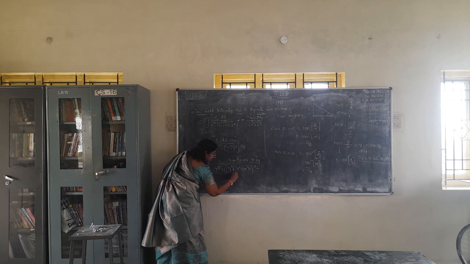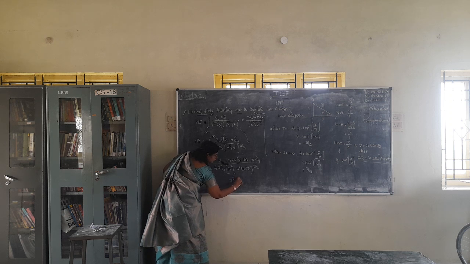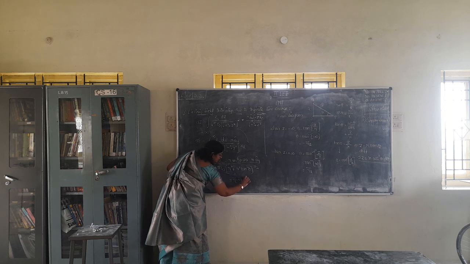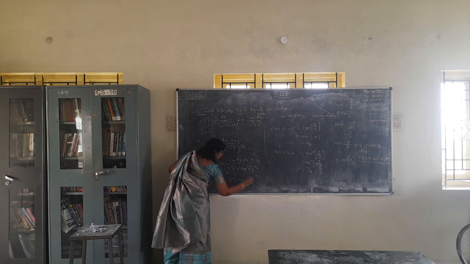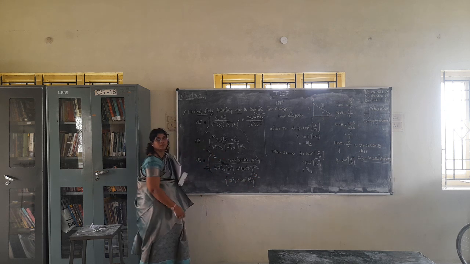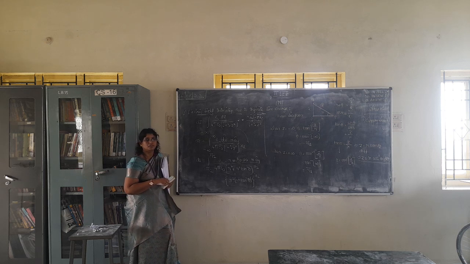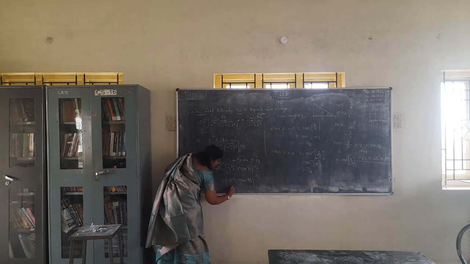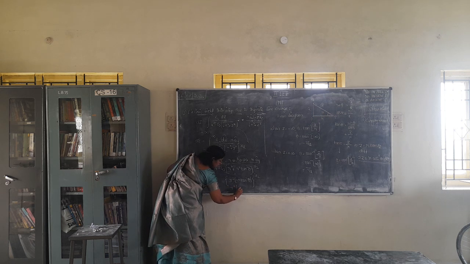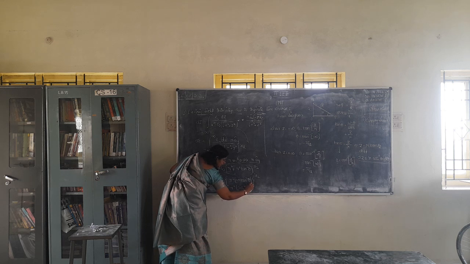If you take r square common, you will be getting 1 plus tan square theta whole power 3 by 2. 1 plus tan square theta is secant square theta. So it is r square into secant square theta whole power 3 by 2.